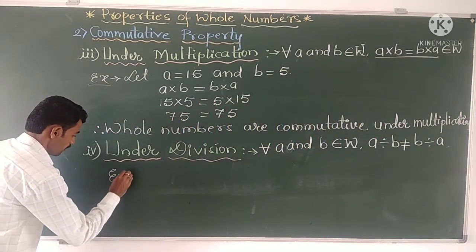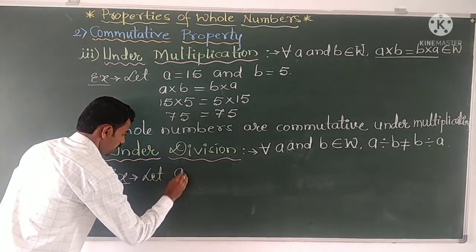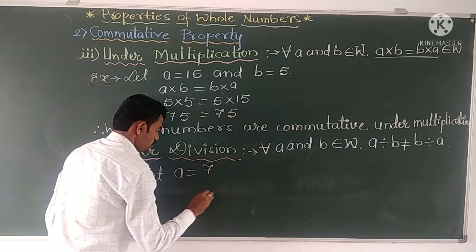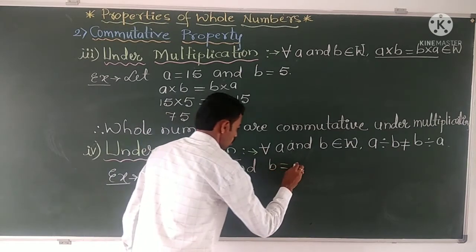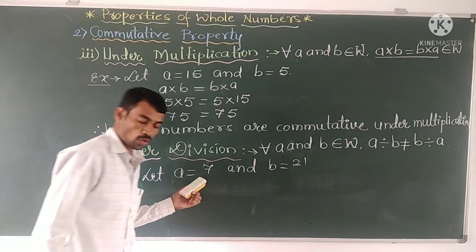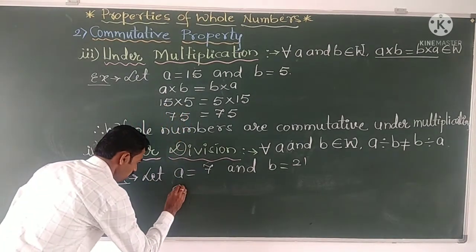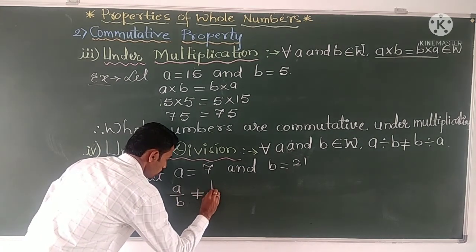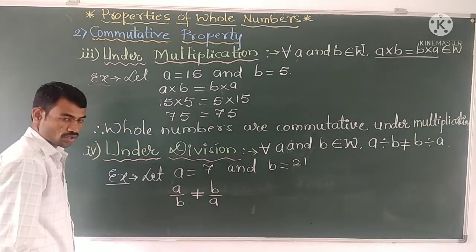You can take one example. Let A be 7 and B be 21, one whole number and another whole number. Then find their division. You need to check whether A divided by B is equal to B divided by A.